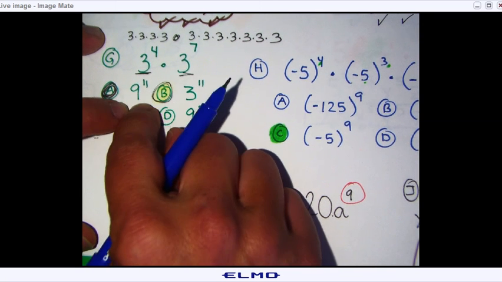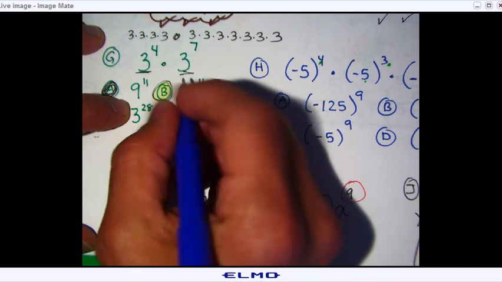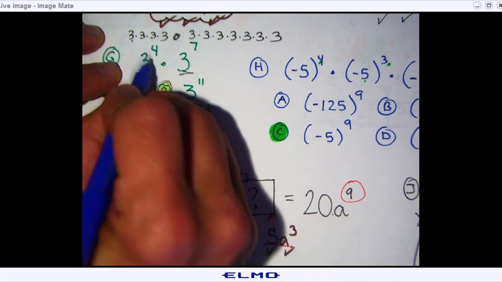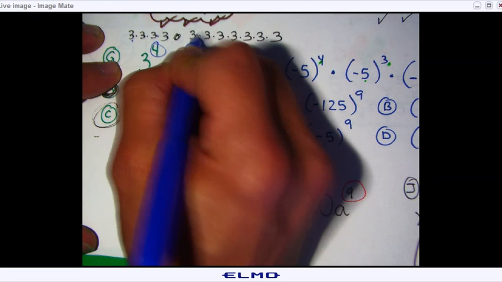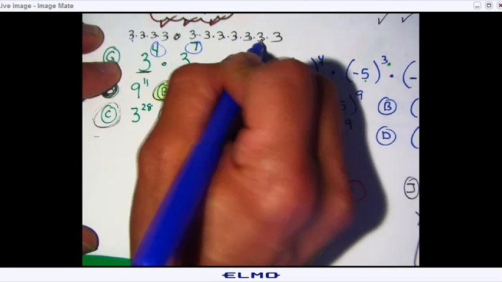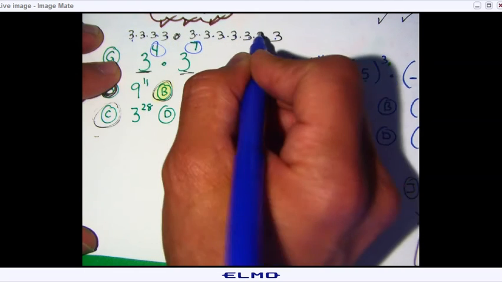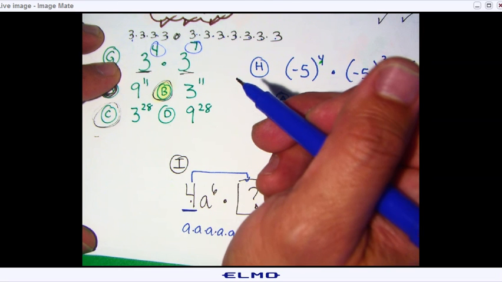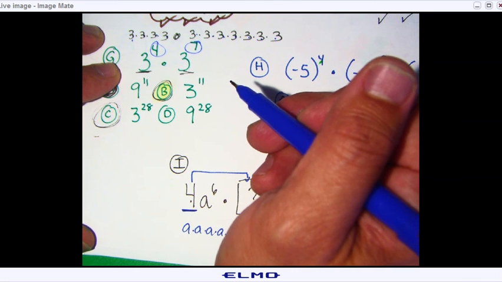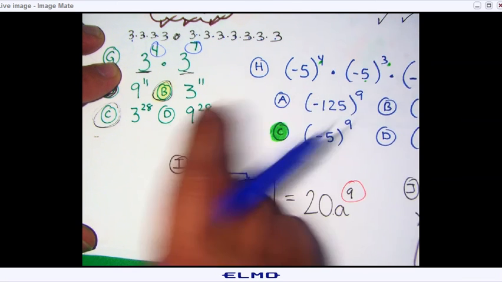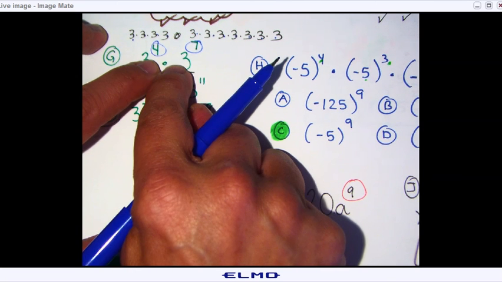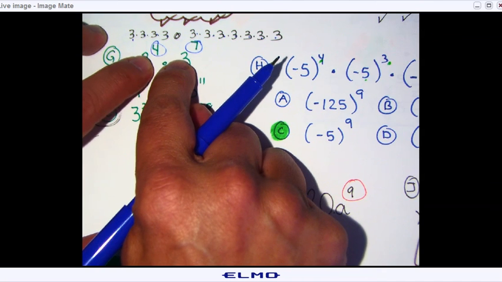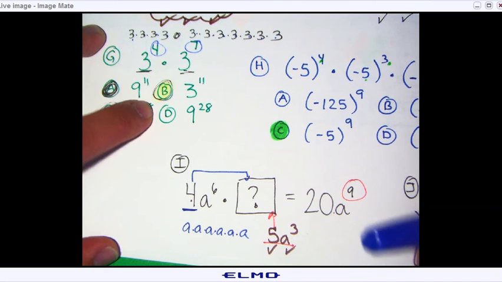Some of you guys put 9, but if you actually broke it down, 3 times 3 times 3 times 3 times 3 times 3 times 3, the whole thing is 3 to the power of 11. Okay, notice that. All right. And remember, you know these are not right because you don't multiply the exponents only when they're power to a power, right? This is not power to a power. All right. So make sure you understand that.